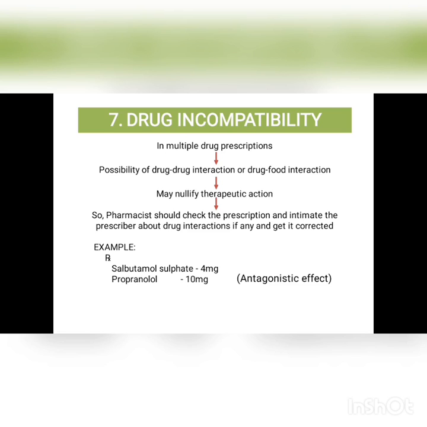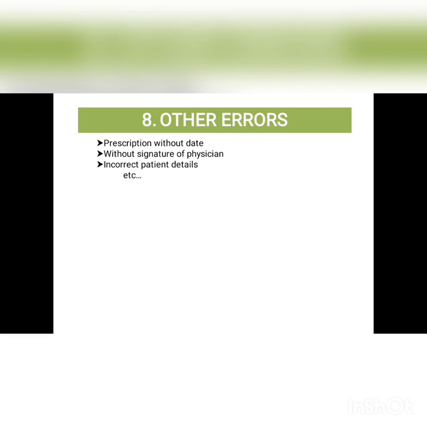The synergistic effect is just the opposite, that is, the combined effect of two drugs is higher than the effect of either drug alone. In case of salbutamol sulfate and propranolol, there is an antagonistic effect, so there is loss of therapeutic effect.